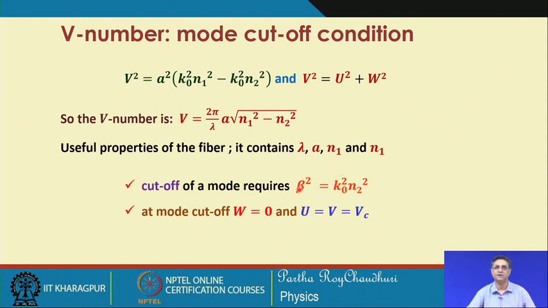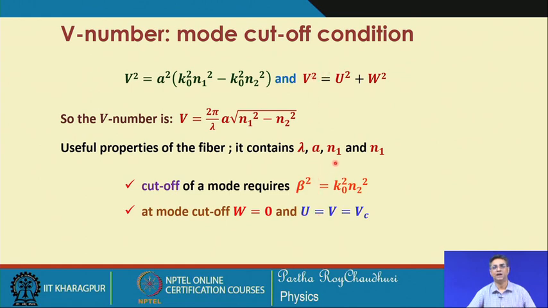But if beta is equal to k 0 n 2, then looking at the definition of W, W becomes 0, because W squared is beta square minus k 0 square n 2 square, which is equal to 0. As a result, if W equals 0, then V and U are equal.